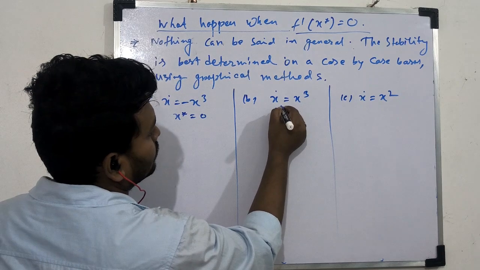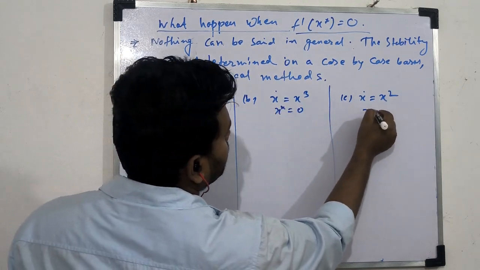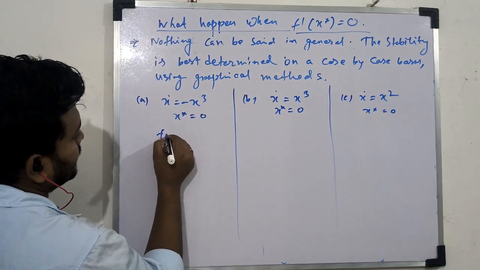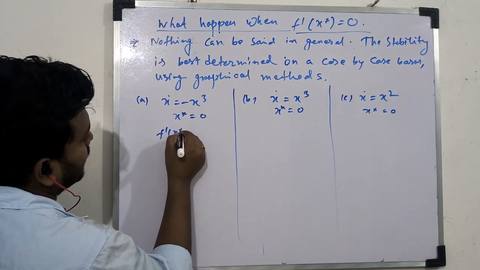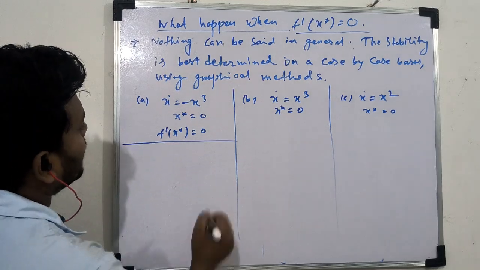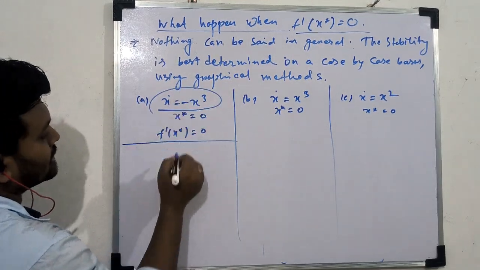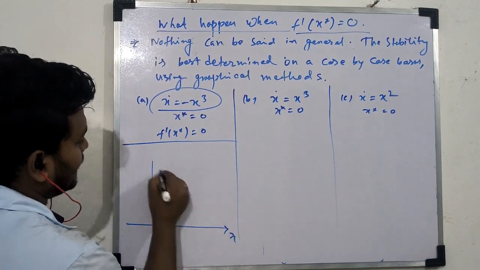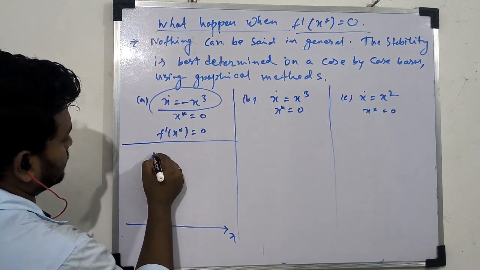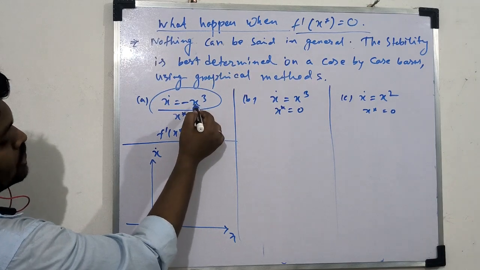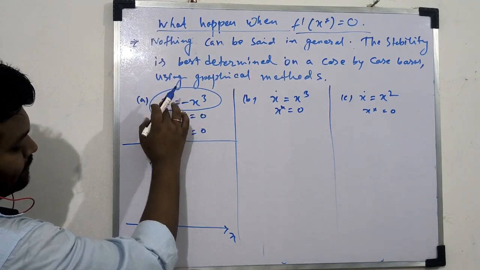For each case, x star equal to 0 is an equilibrium point, and if we find f dash x star, for all cases it will be 0. But by the graphical method, if we draw this by x and x dot, from this we can say when x is positive, x dot will be negative.